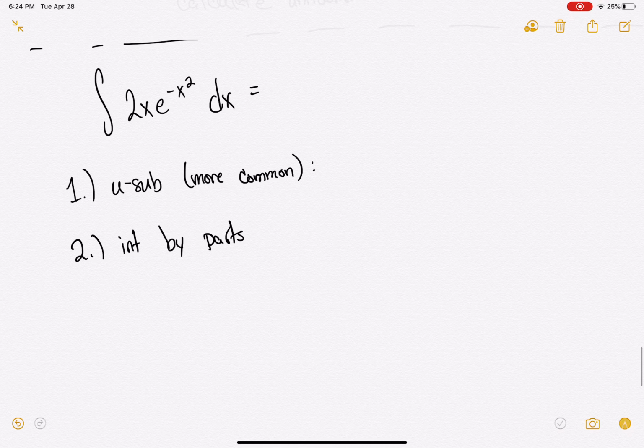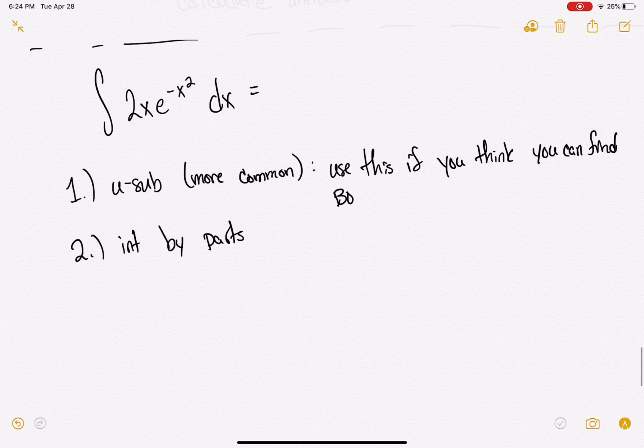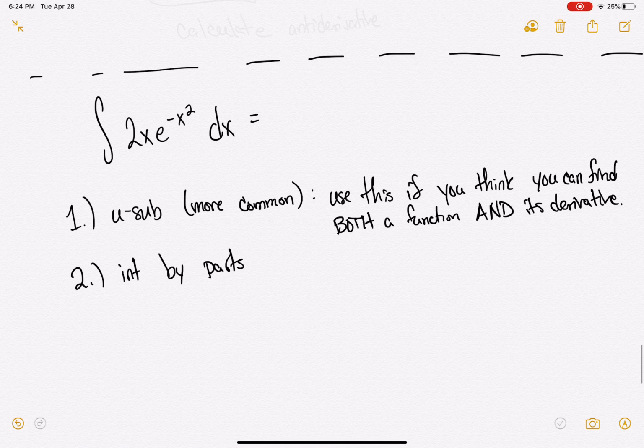And we use this if you think you can find both a function and its derivative. I always like to say that. You find both a function and its derivative.